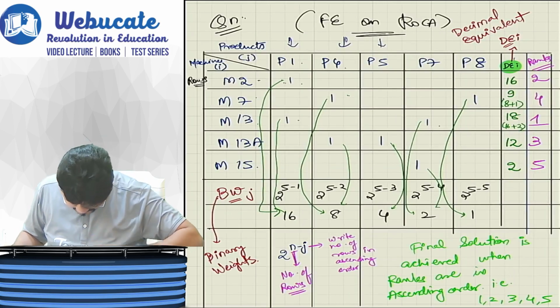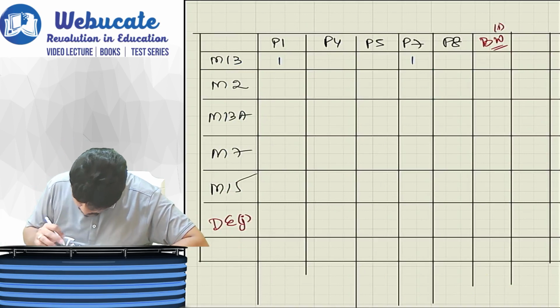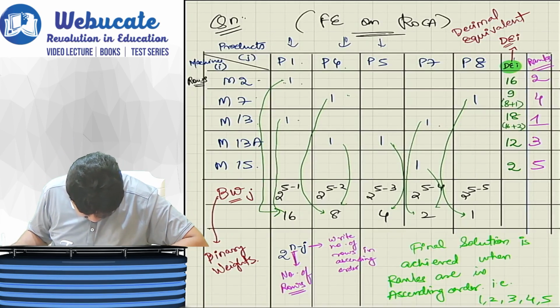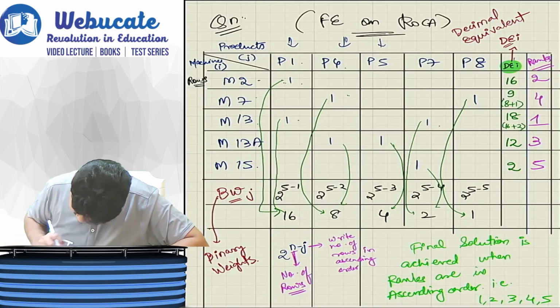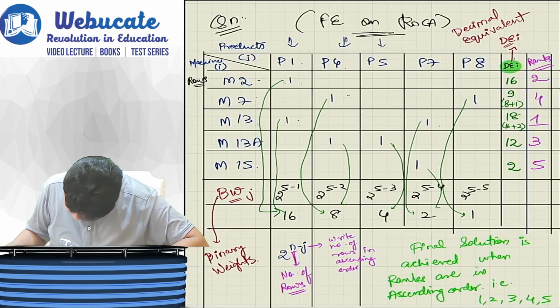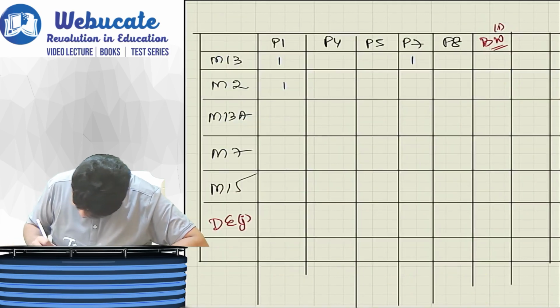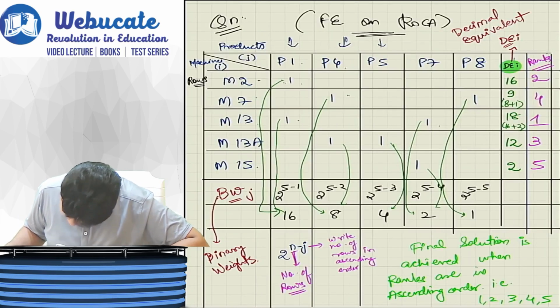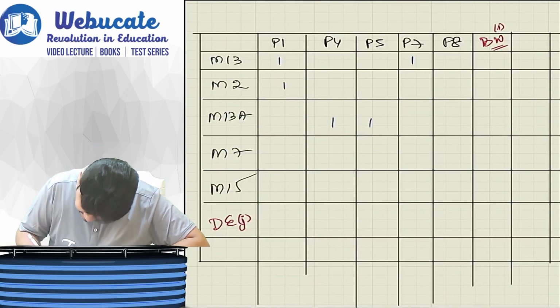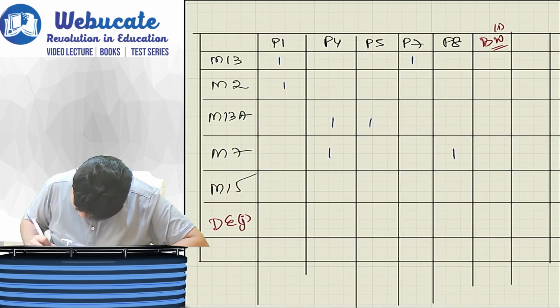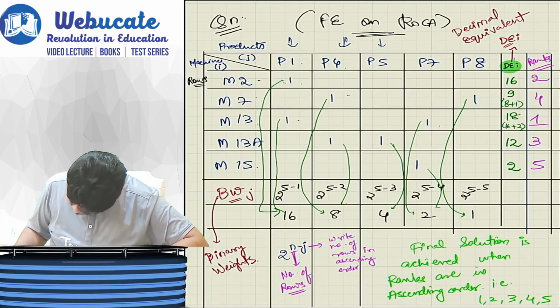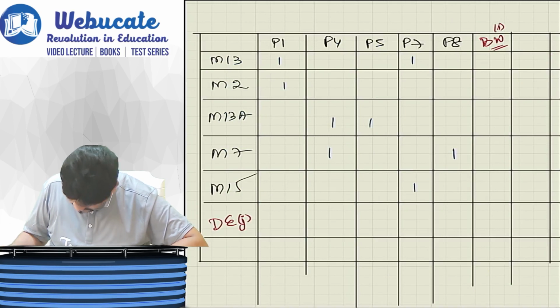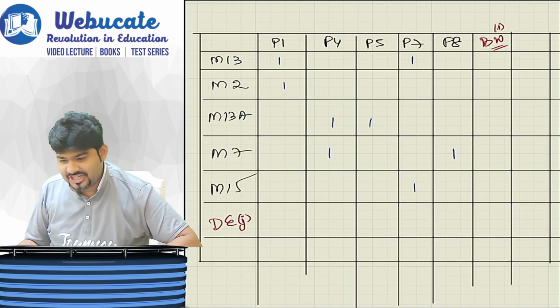Then M2. What is the numbering for M2? Only 1. M13A: 4, 5, 1, 1. M7: 4, 8, 1, 1. M15: P7, 1.